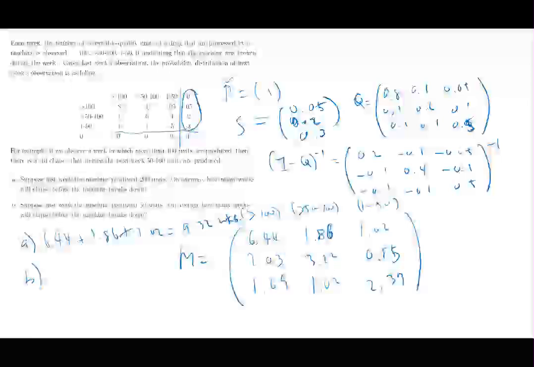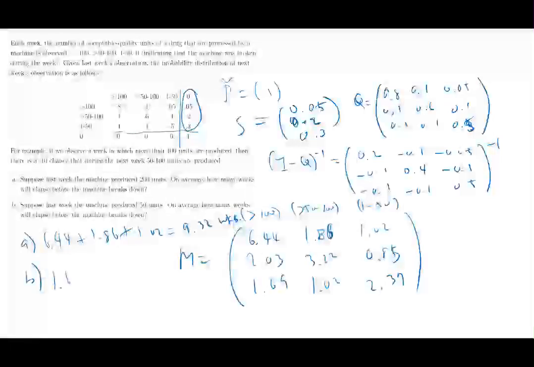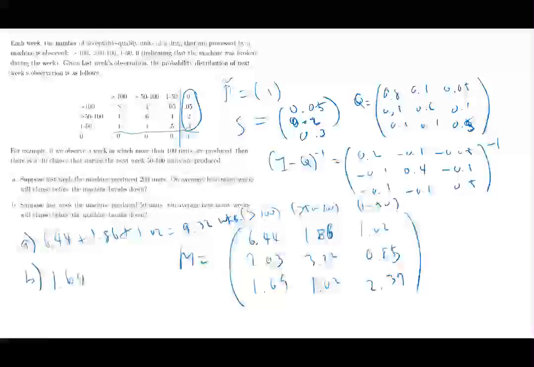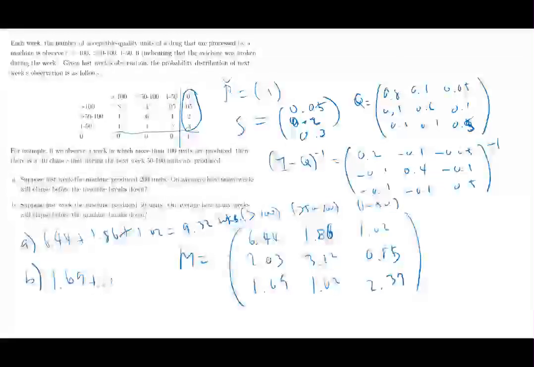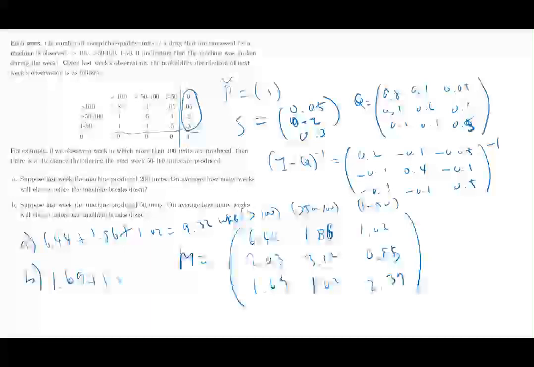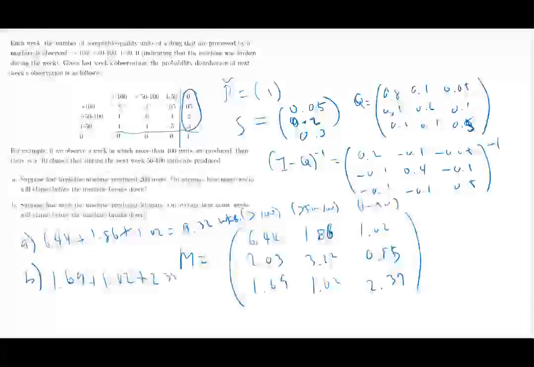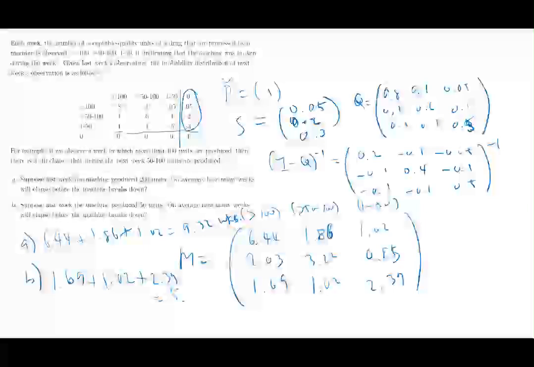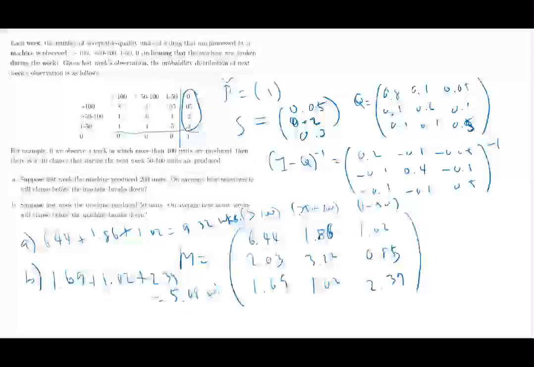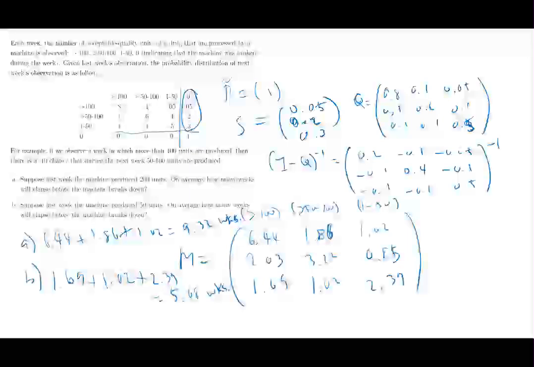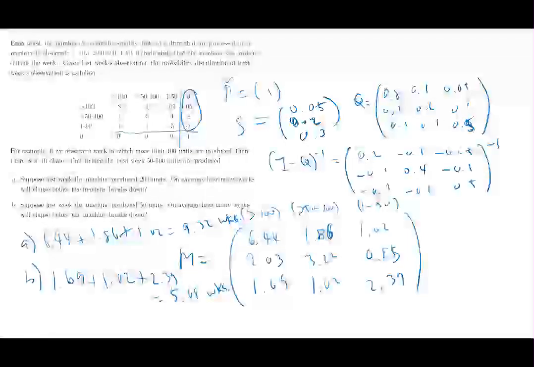Part B, it's the third row: 1.69 plus 1.02 plus 2.37, which is 5.08 weeks. Okay, that's the answer, and that's how you interpret this fundamental matrix M.